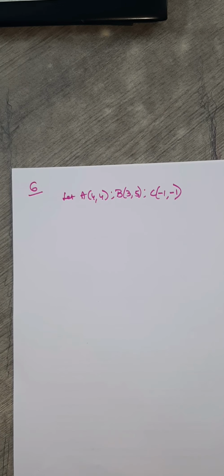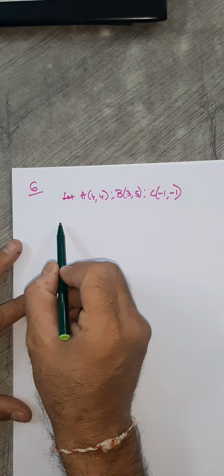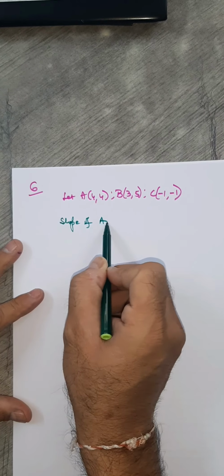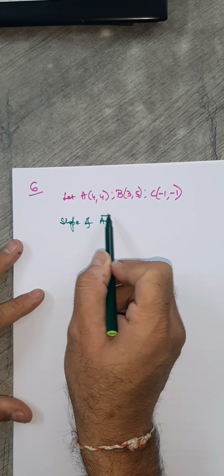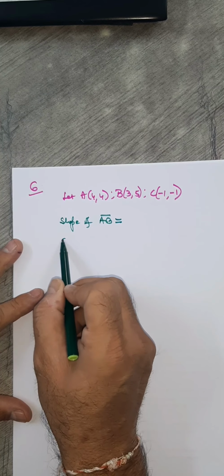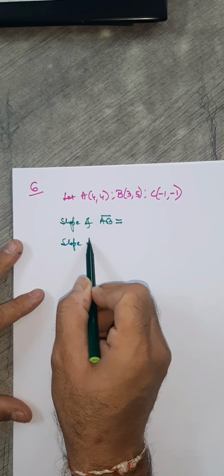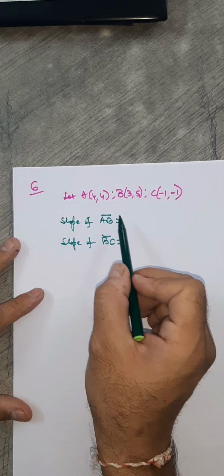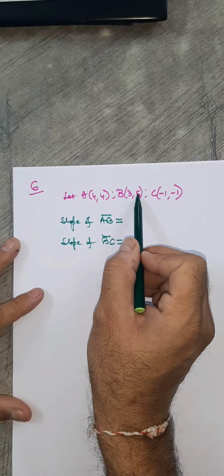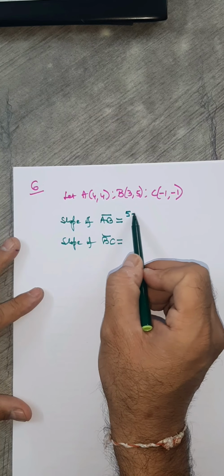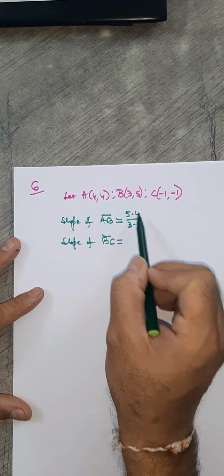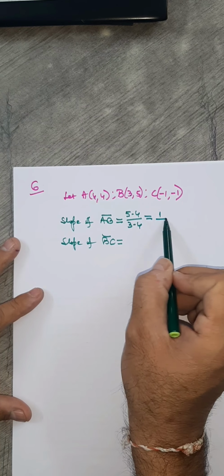So we have the concept of the slope. You know the condition for 2 lines to be perpendicular. So what I'll do, I'll get the slope of line segment AB. You can write line segment or line. Okay. Then I'll get the slope of BC. You will see once I finish this, you will realize. Okay, what's the slope of AB? y2 minus y1 upon x2 minus x1, 3 minus 4, this is 1, and here minus 1.